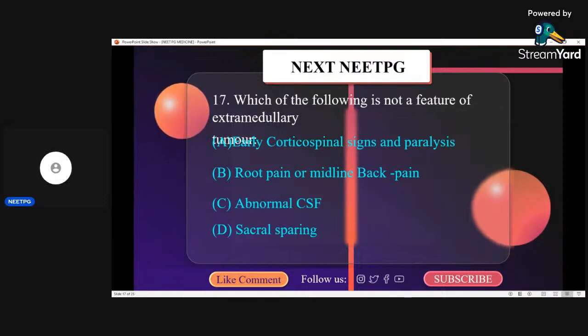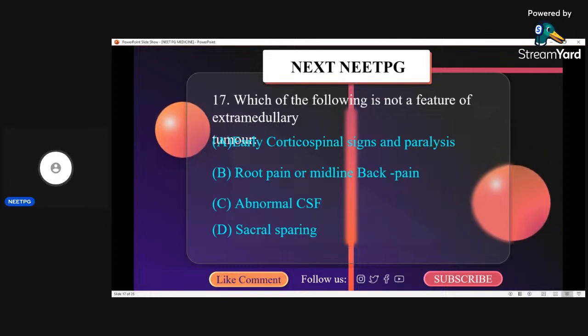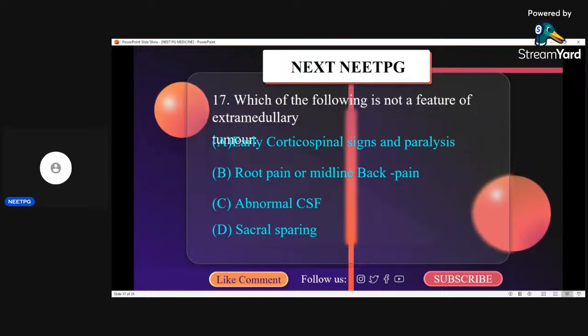There is early sacral sensory loss. Here they have given the option as sacral sparing. No, there is early sacral sensory loss, spastic weakness, and incontinence.